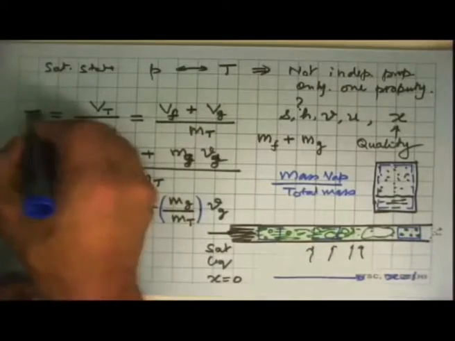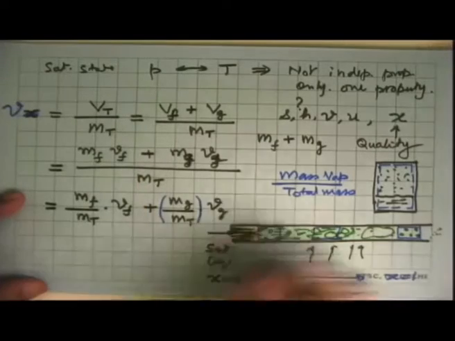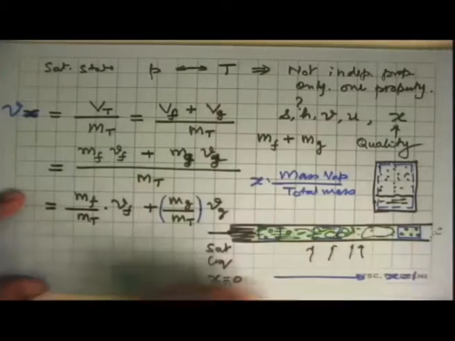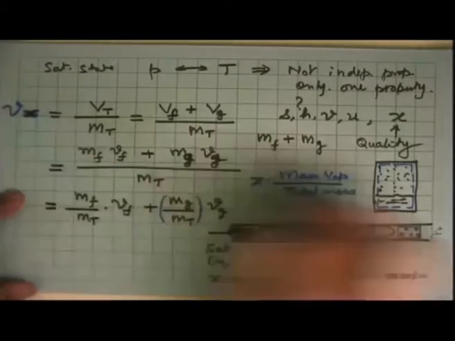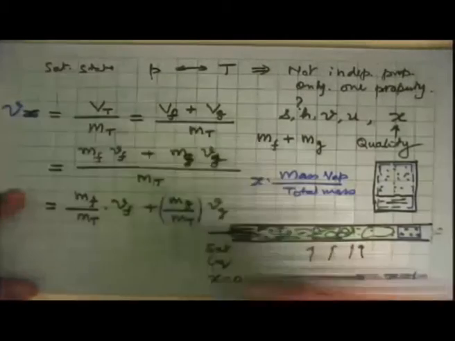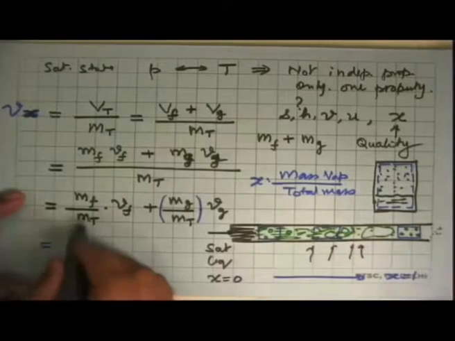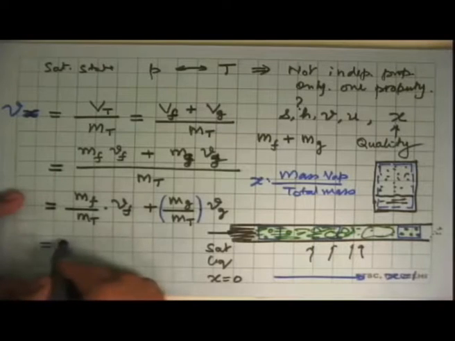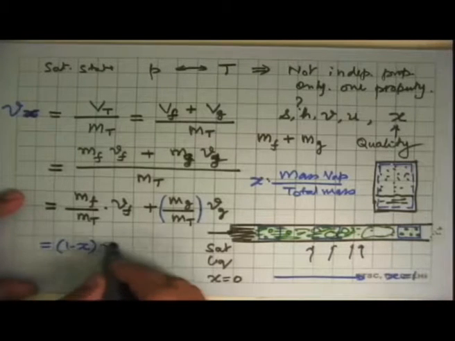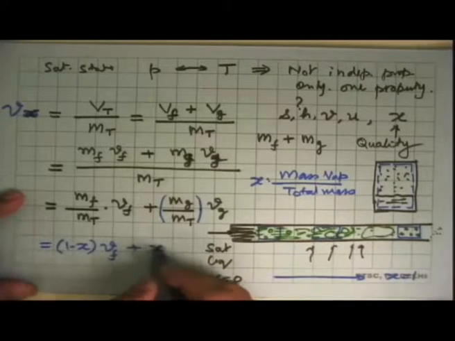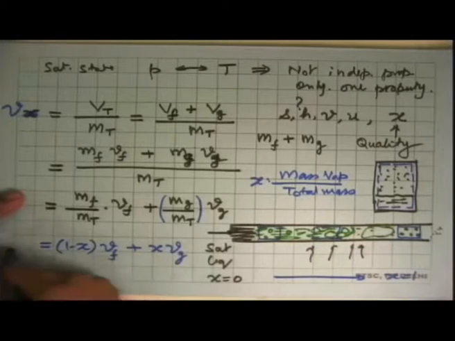This is X. This is V, the specific volume of the mixture. That is what we are trying to calculate. So this becomes V equals 1 minus X times Vf plus X Vg.